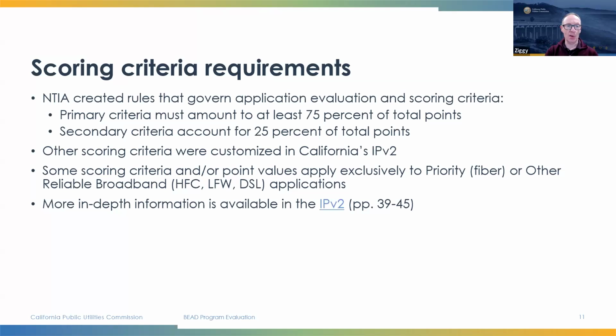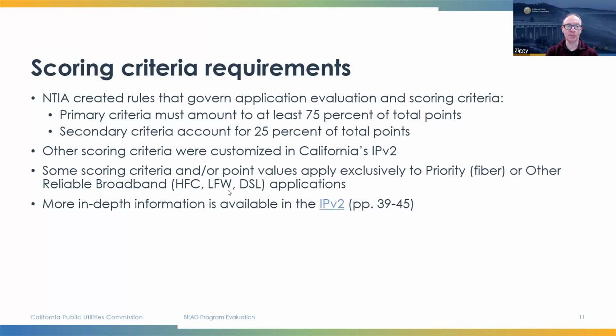One such secondary criterion was predetermined, but others were up to the states to customize, and California has done so, and we'll go over those in some more detail. Some of those scoring criteria are specific to priority fiber, and others are specific to reliable broadband applications. And you can find more details on this in IPv2.